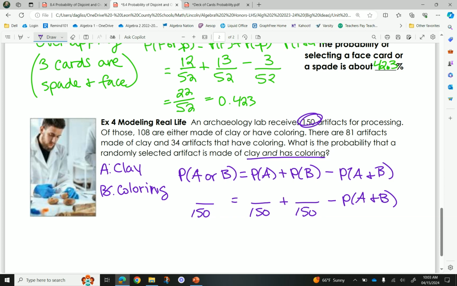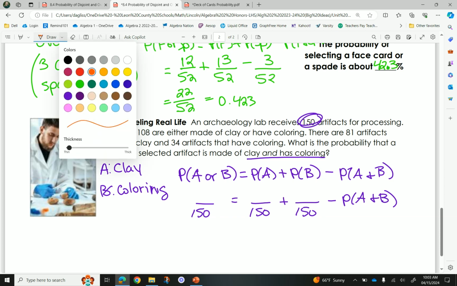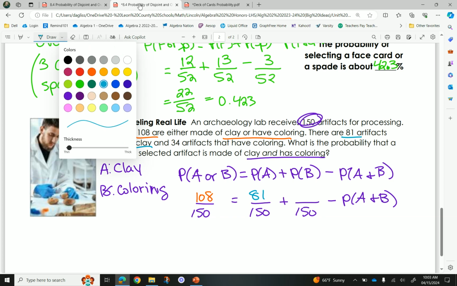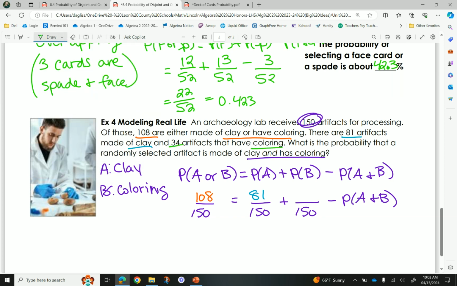How many artifacts did they tell us have clay or coloring? 108. Clay or coloring. Good. Okay. Event A by itself, how many are made of clay? 81 have clay. Good. And then how many have coloring? 34 have the coloring.